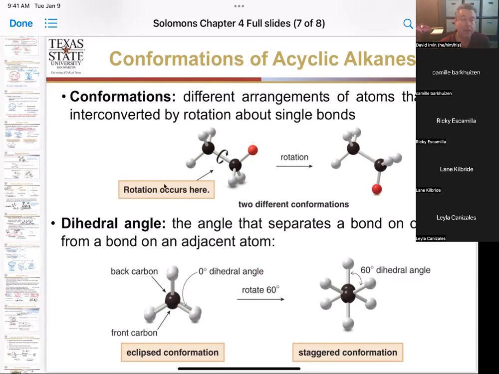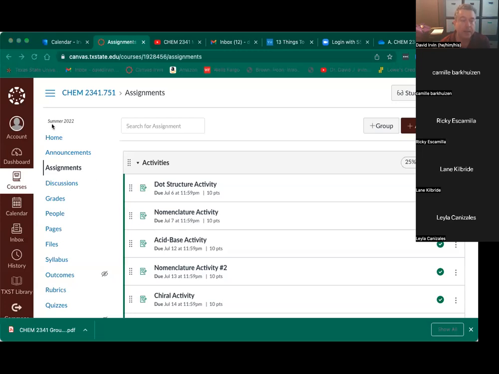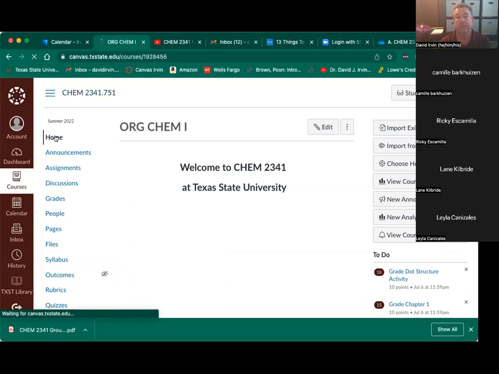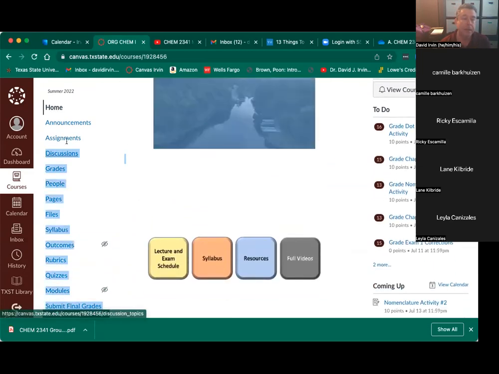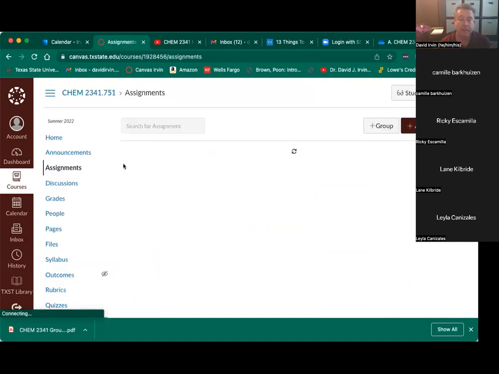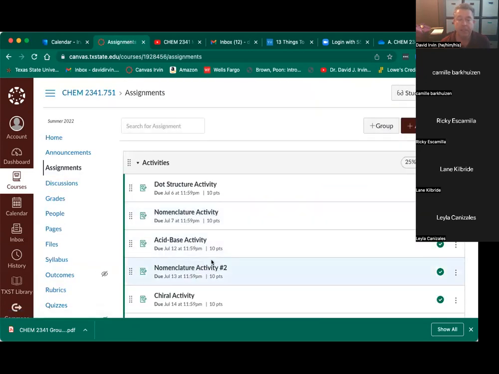Let me go ahead and stop sharing that screen and start sharing this screen. Canvas, share. Again, if we go to our home page here, we should have both the files and resources and everything here, but if we go to assignments, it should be up here. Nomenclature activity 2 was just added. Thank you very much. I forgot to add it.